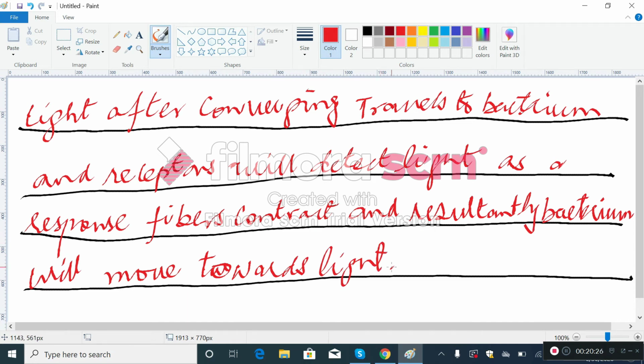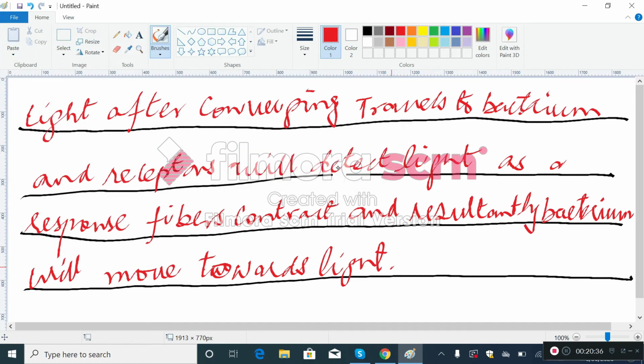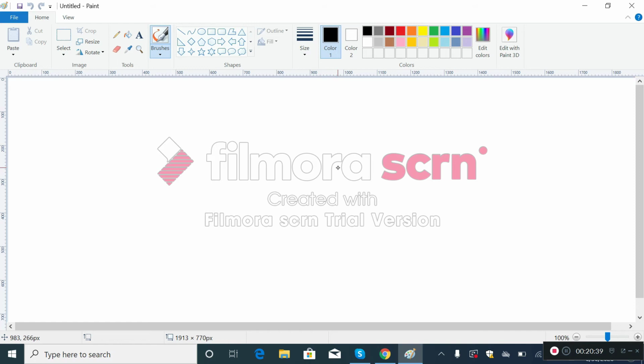So this is the answer that you will write for this question. Move to next section. Let's see what is the next question or next part of this question.